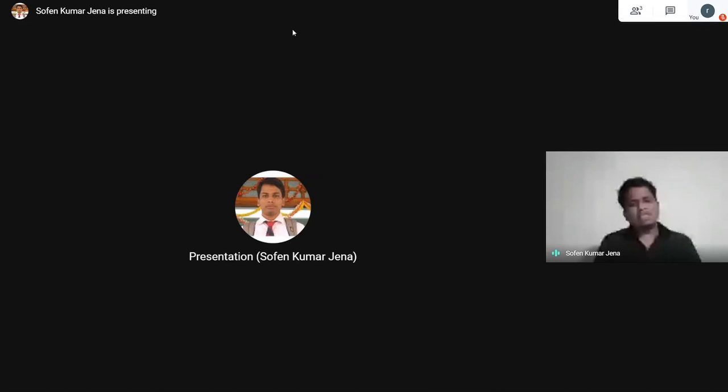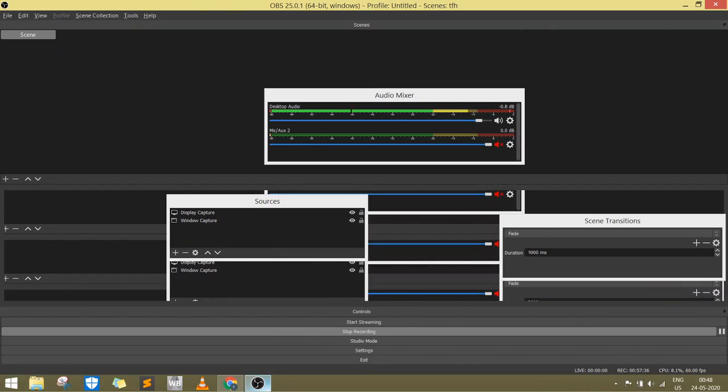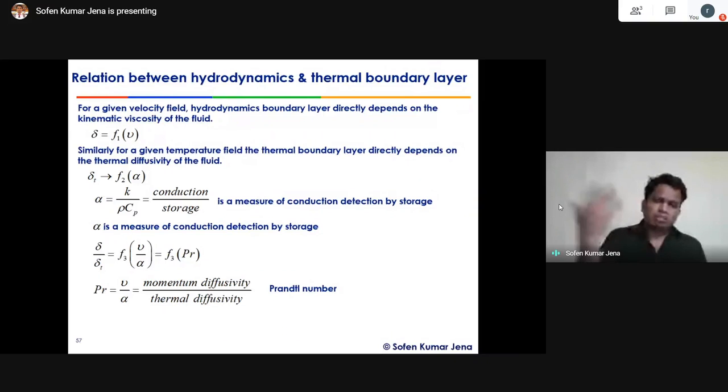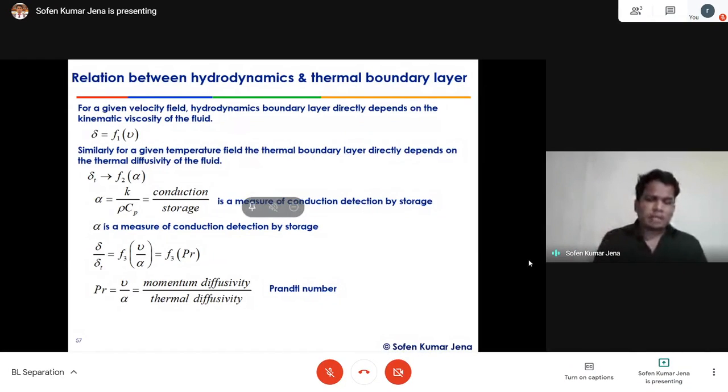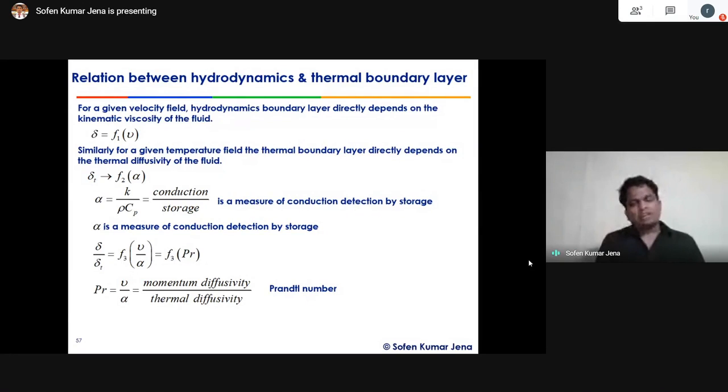In that case, the Prandtl number will be more than 1. For a class of fluid where a little bit of heat travels at a much faster rate than any disturbance in the momentum, the Prandtl number should be less than 1.